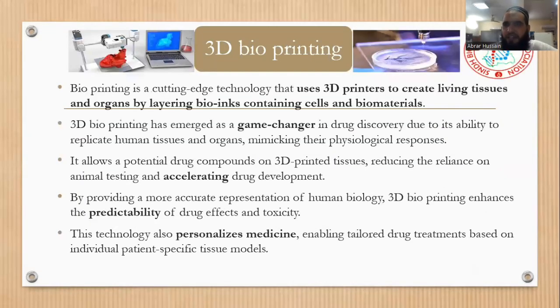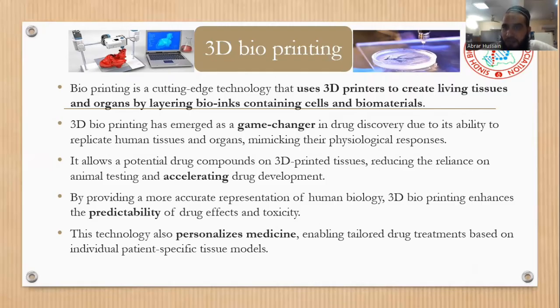Now, a question arises: we can use 3D bioprinting for drug discovery, but what is 3D bioprinting actually? Very simply, it is considered a very important and cutting edge technology currently, in which they use a 3D bioprinter or 3D printer to create living tissues or organs.